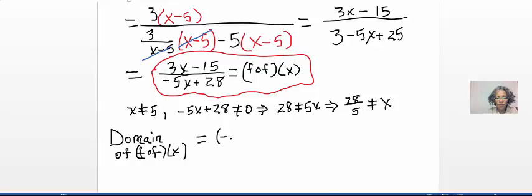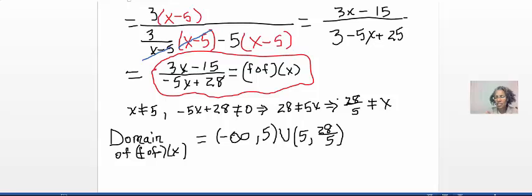So I go from negative infinity to 5. And I unite that with the numbers between 5 and 28 over 5.